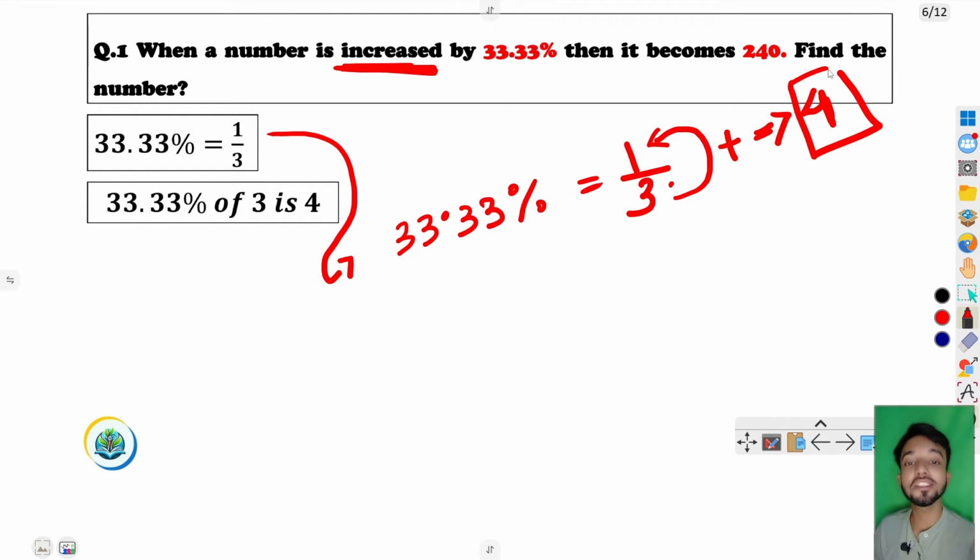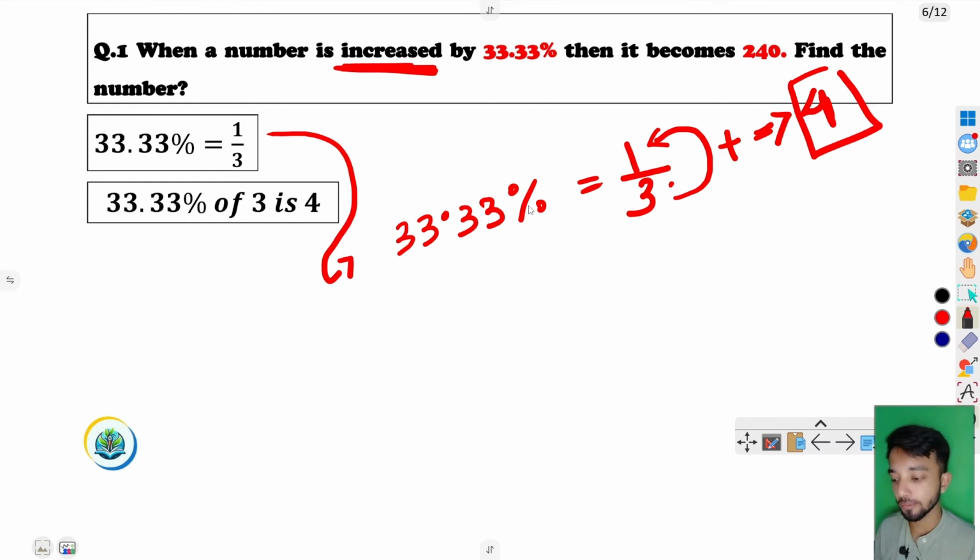Now, what is this 4? You might be thinking, what is this being taught, right? Very important, so I'll say it again. You know the value of 33.33% is 1 by 3. Whenever there is an increase, whether by 3%, 4%, and so on, you need to sum the denominator with the numerator, and you will get a number.